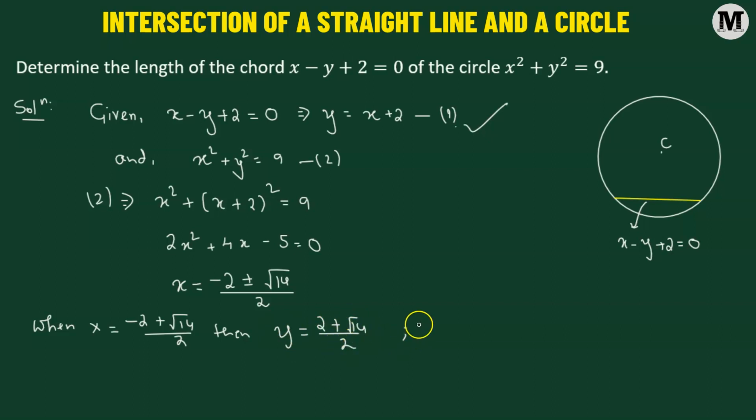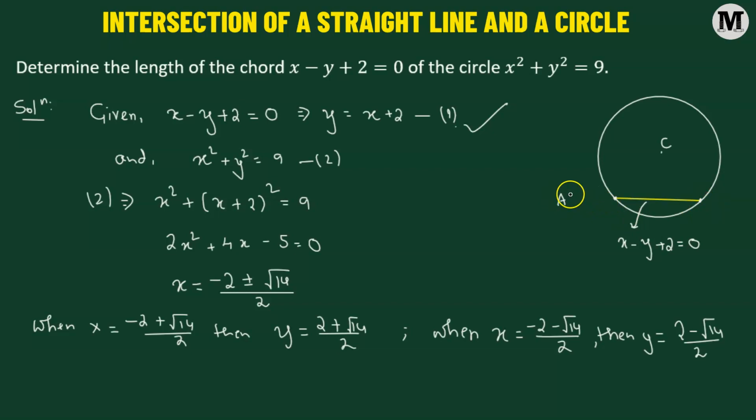And then we have the other value of x. When x comes out to be negative 2 minus square root of 14 over 2, then the corresponding y value is going to be 2 minus square root of 14 over 2, which means that we have obtained the coordinates of the endpoints of the chord, which meets the circle at point A and point B.